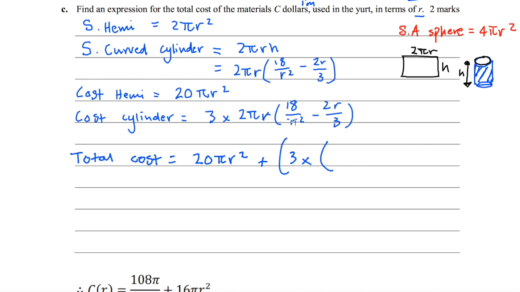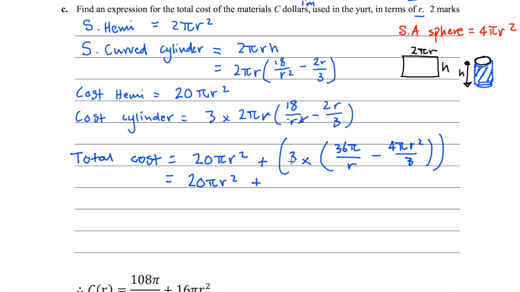So that r is going to go with that r, so it's going to be 36 pi on r minus, this r is still here in this case, so it's 4 pi r squared on 3. Anyway, your calculator can do this. I don't know why I'm doing it.